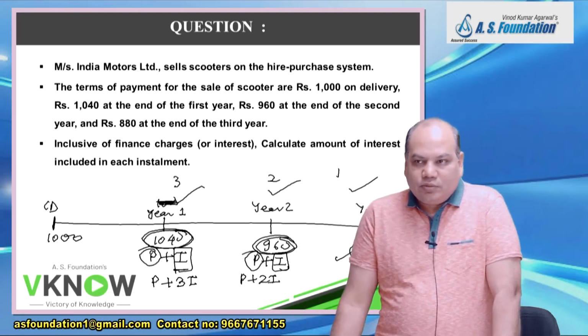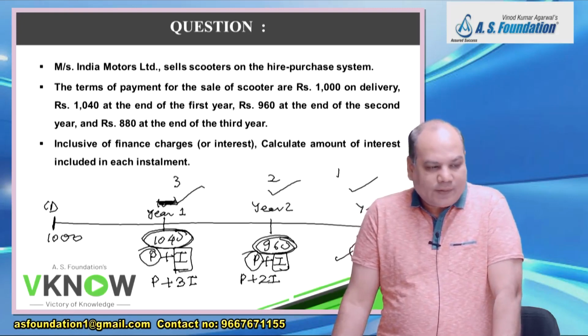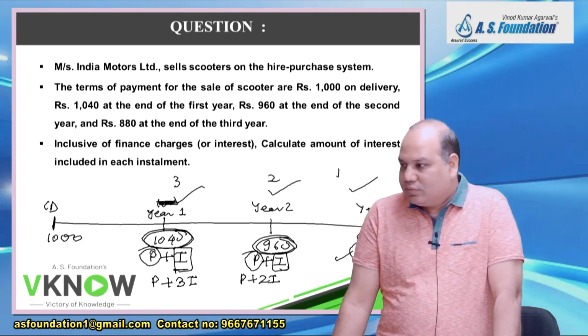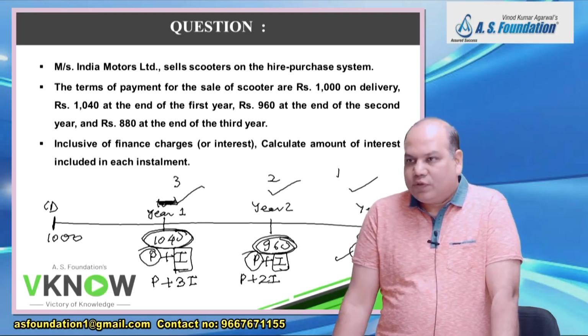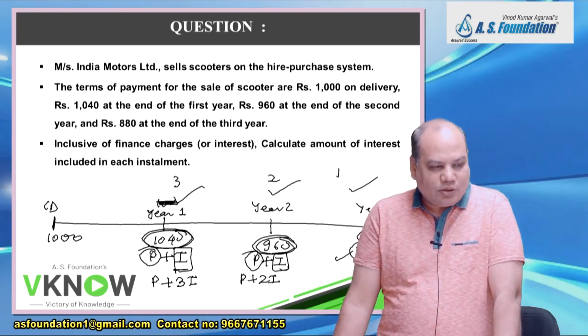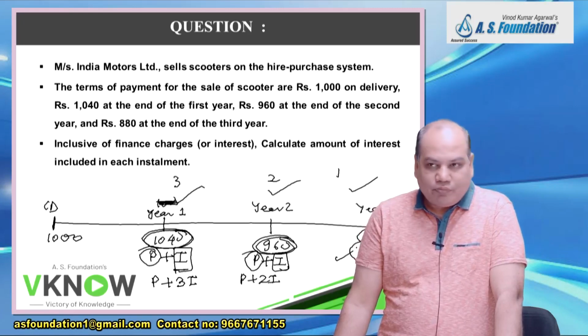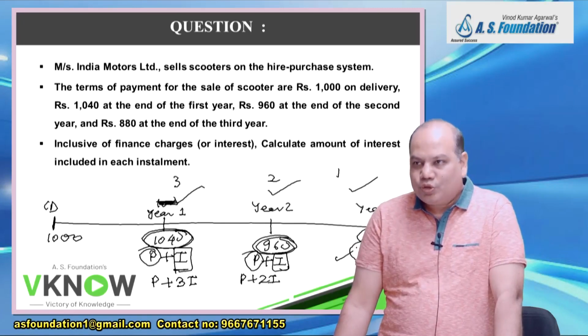the interest included in the first, second and third installment will be in the ratio 3:2:1.